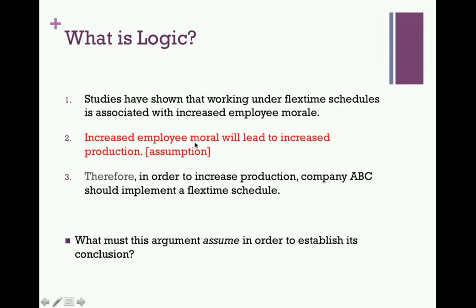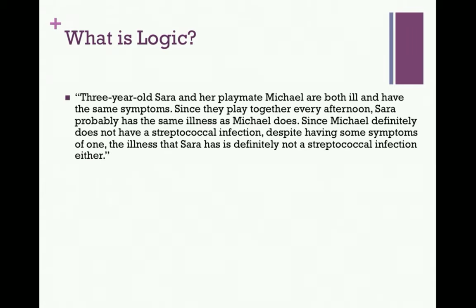And it had to make some kind of bridge assumption, some kind of assumption that's going to bridge talking about increased morale to increase production. And so it had to be assuming something like number 2 up here. This is something we're going to study around, I'd say, week 2 or 3, identifying assumptions and arguments. I'll give you guys a few more examples of this just to give you a better sense of what's going on.